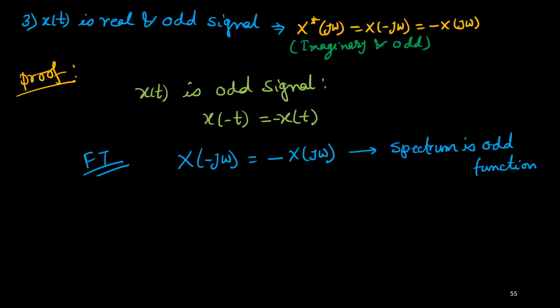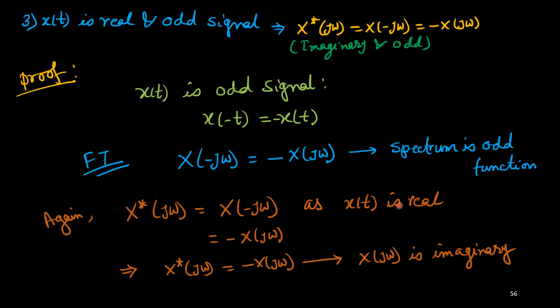Again, as x(t) is real, we start with X*(jω) equals X(−jω), and this one I can replace by minus X(jω). So X*(jω) equals minus X(jω).